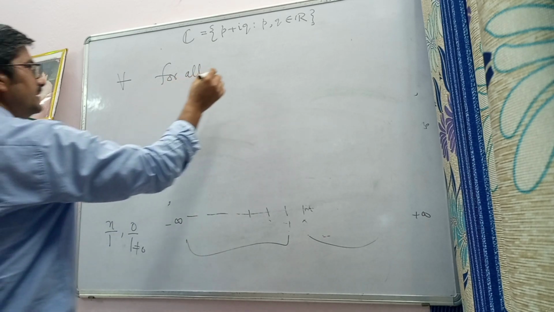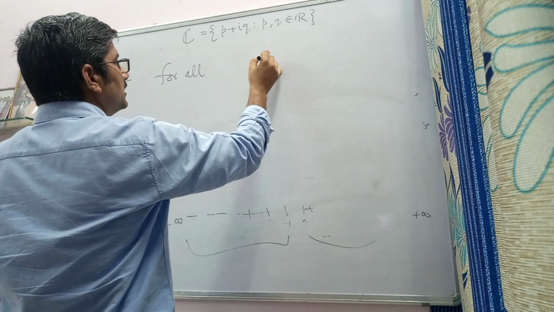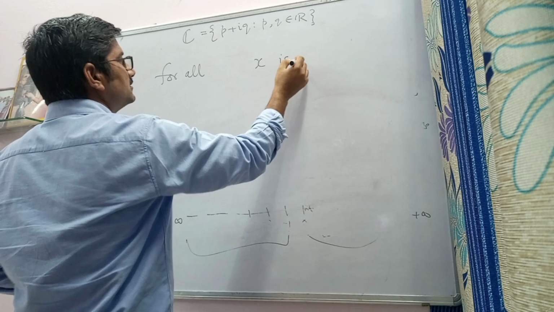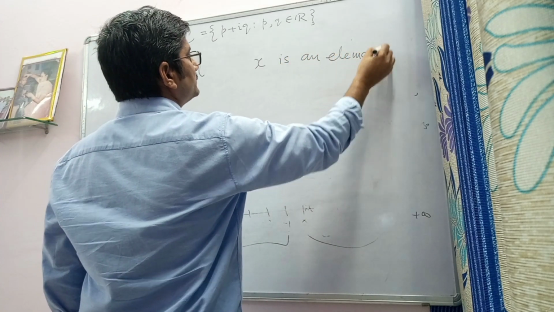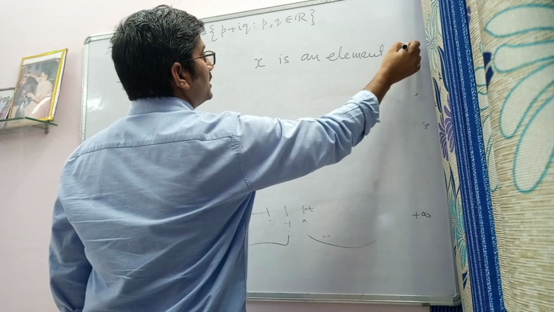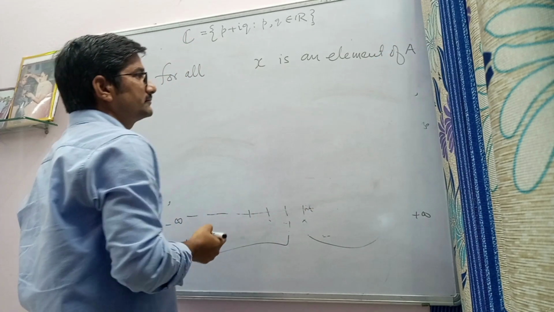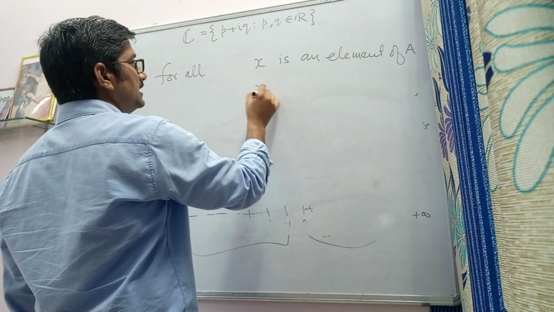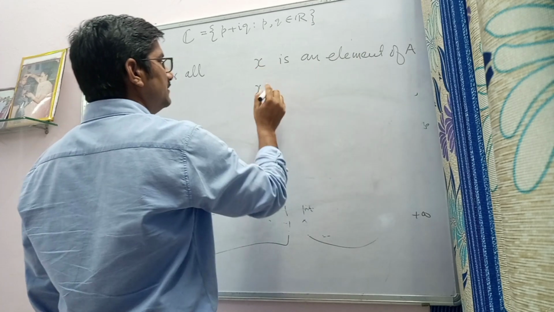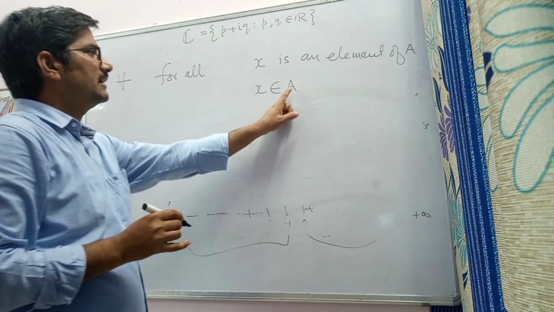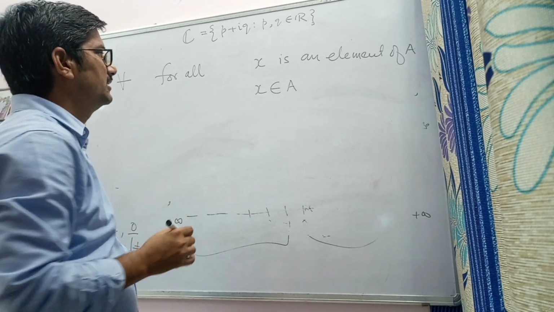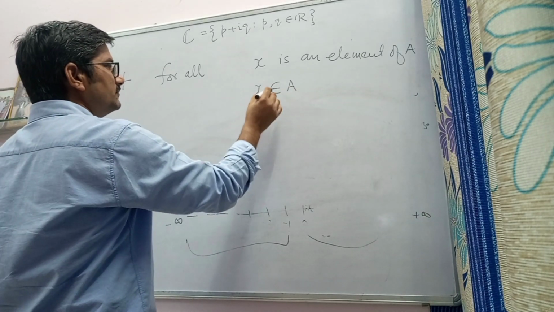Suppose I am writing that x is an element of a set A. This sentence can be written as x belongs to A, or we can say that A contains x. So this is the notation for belongs to.